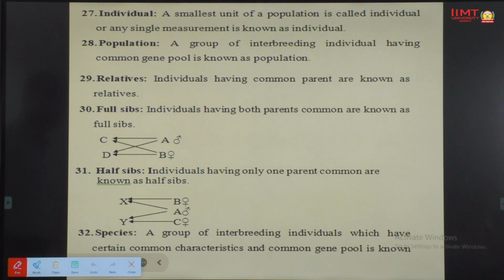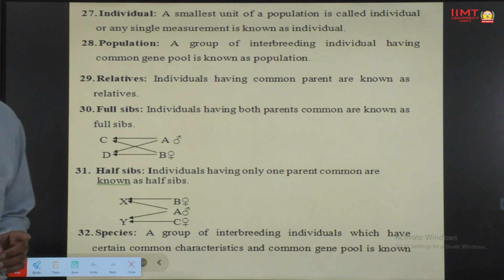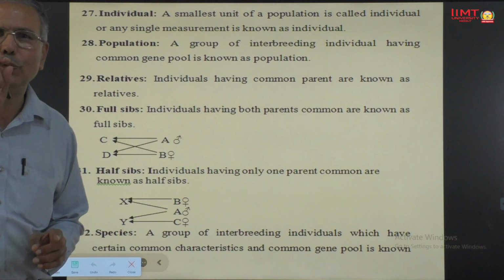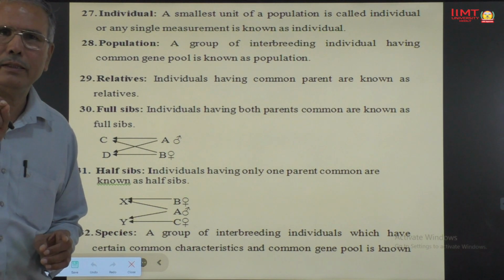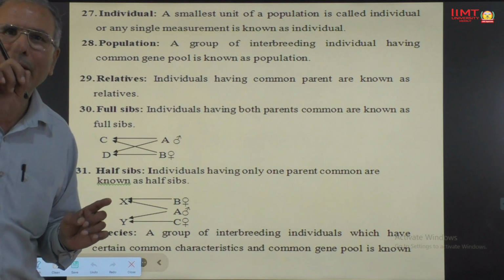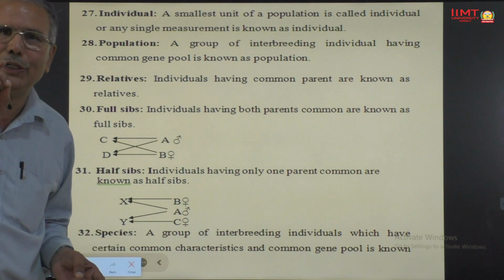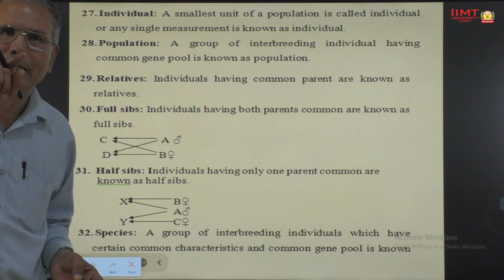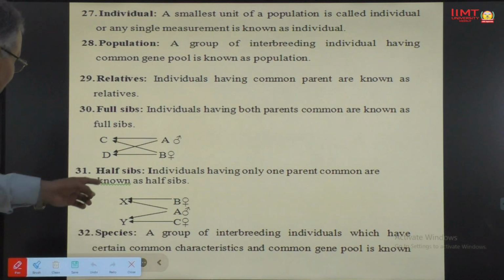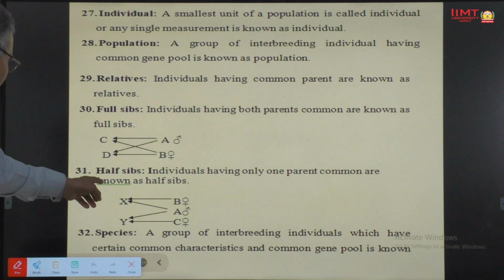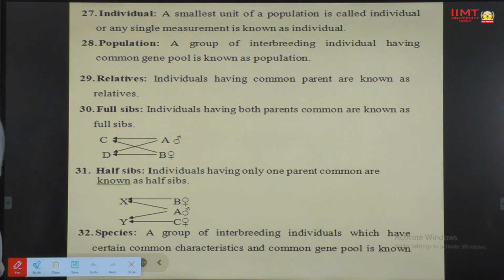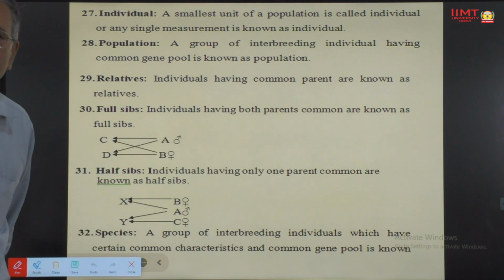Half sib. Individuals having only one parent common are known as half sibs. This pedigree shows that X and Y are half sibs. Why are they half sibs?